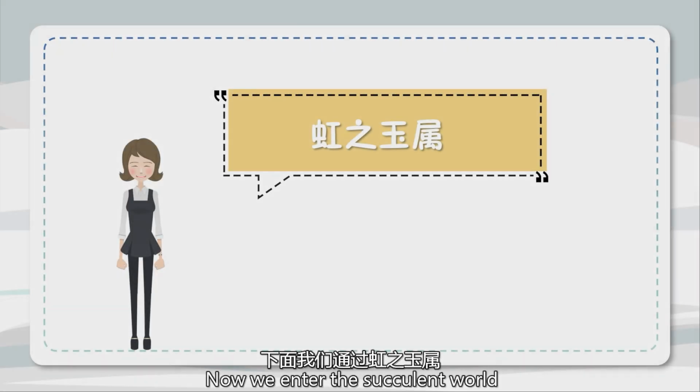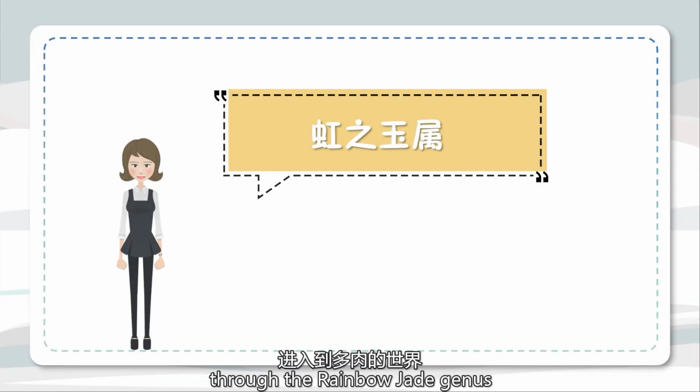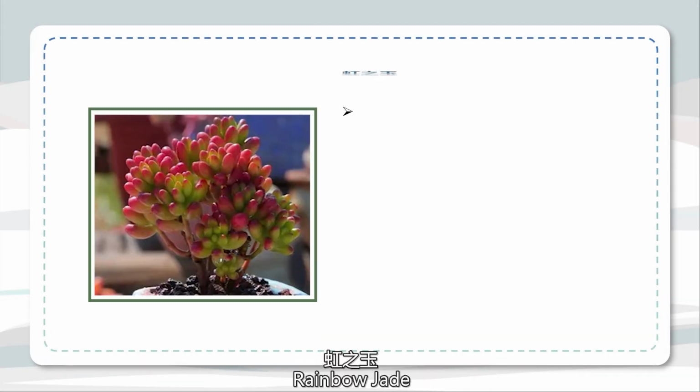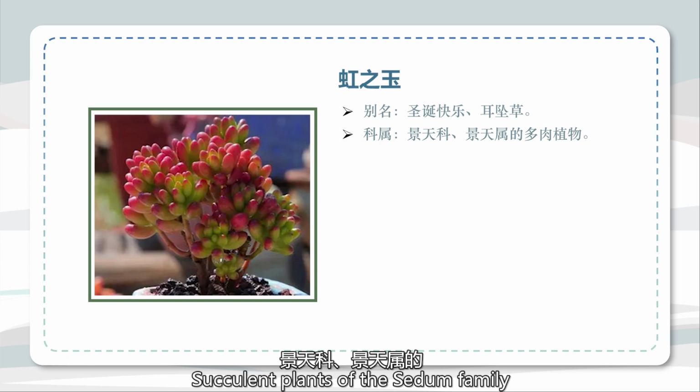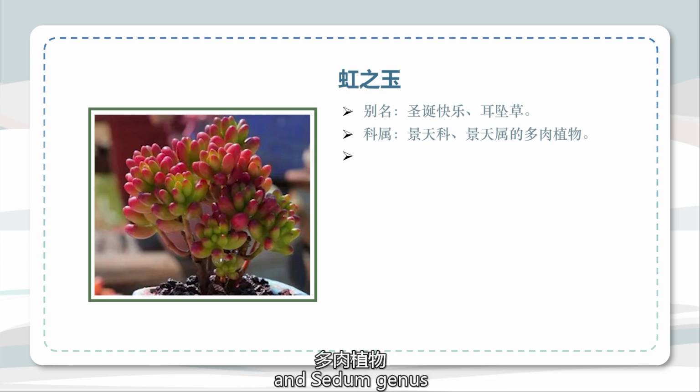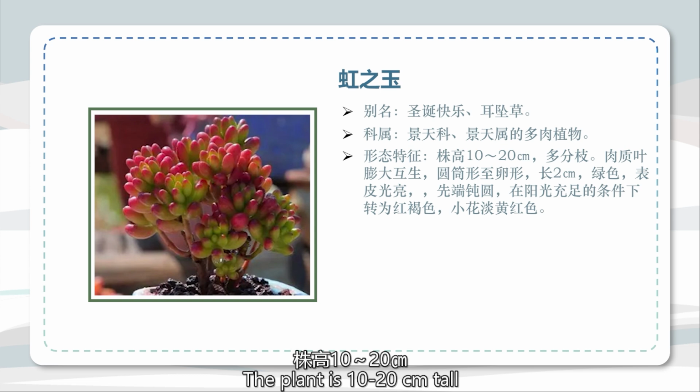Now, we enter the succulent world through the rainbow jade genus. Rainbow jade, also known as Merry Christmas or eardrop grass, is a succulent plant of the Sedum family and Sedum genus. The plant is 10 to 20 centimeters tall and has many branches.